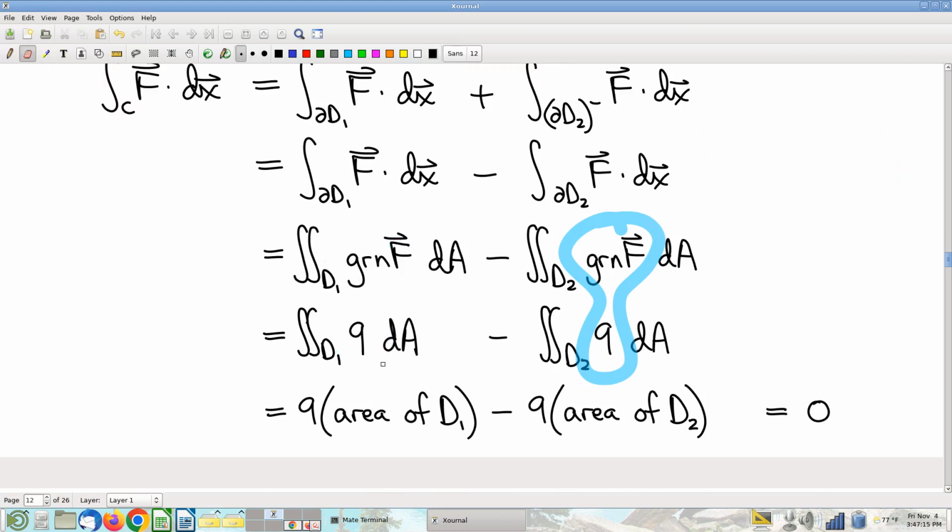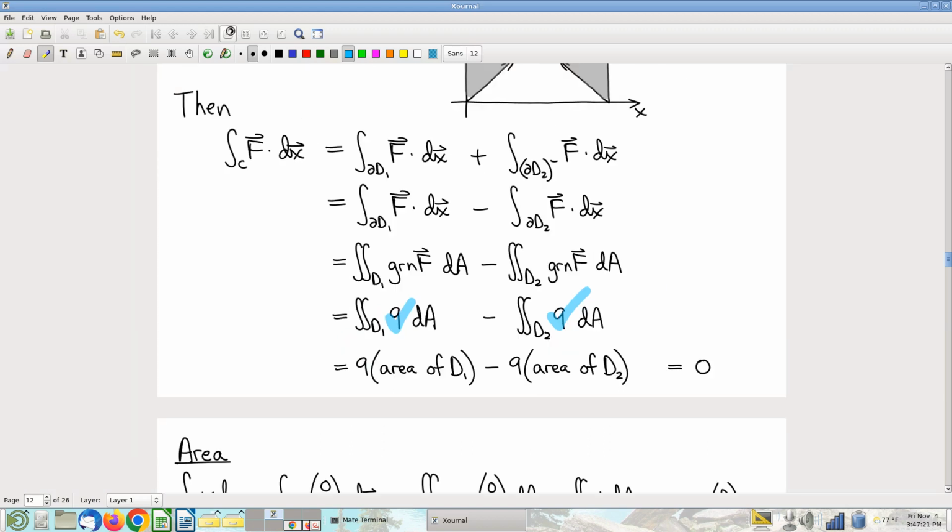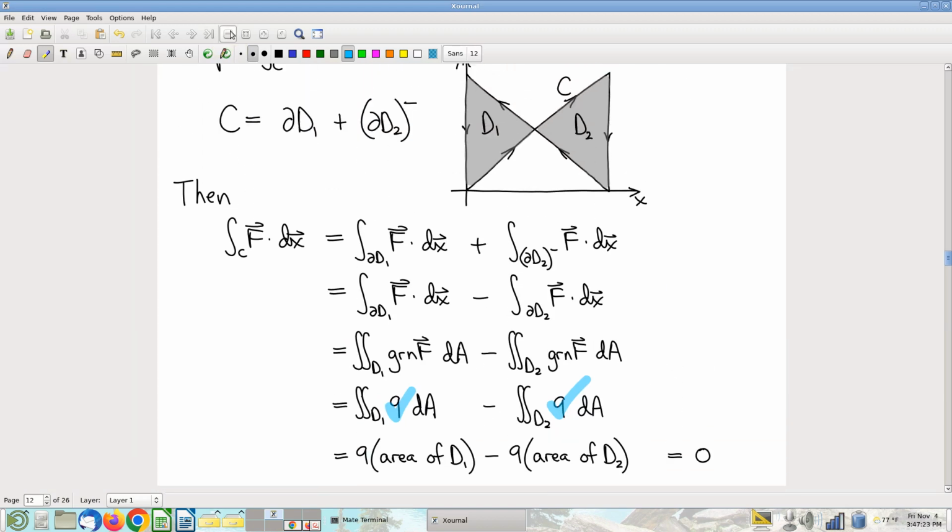And now you've got a couple of easy double integrals, easy because the domains are constant, and also because the integrands are constant, and these domains have easy to compute areas. Even better than that, those two areas are clearly equal, right? And so we're subtracting two equal values, and the integral is 0.